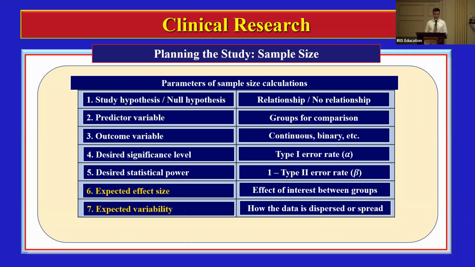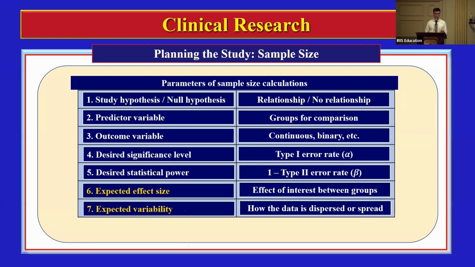And then you also want to define your statistical power, which mathematically reduces down to 1 minus your type 2 error rate. And your type 2 error rate is the probability of making a false negative conclusion. So concluding that there's no relationship when in reality there actually is one. So 1 minus that is essentially just the probability of avoiding that false negative conclusion.